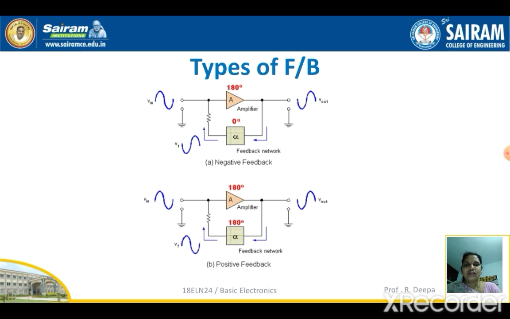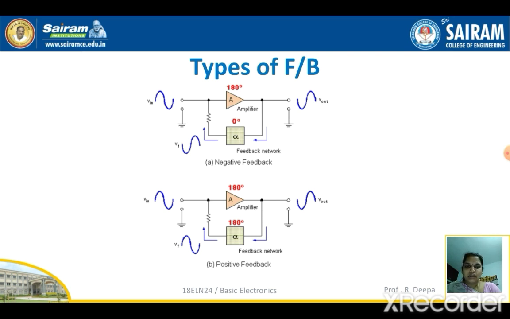In a negative feedback amplifier, the amplifier produces a 180-degree phase shift, so the output will be out of phase with respect to the input signal. If this out of phase signal is fed as feedback to the input terminal, then the input and the feedback signal are out of phase. Then we can say that it is a negative feedback amplifier.